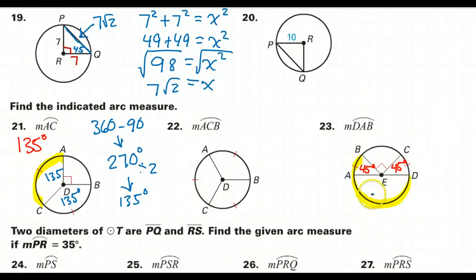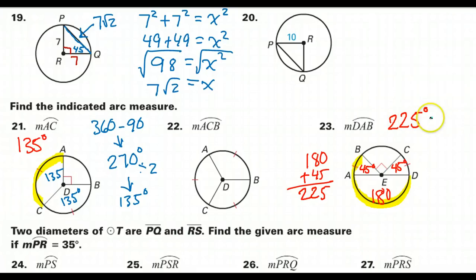Well, of course, this down here is a semicircle, so this is 180 degrees. So this DAB is 180 degrees plus 45. So I'm doing 180 plus 45. That is 225. So that's why DAB is going to be 225 degrees.